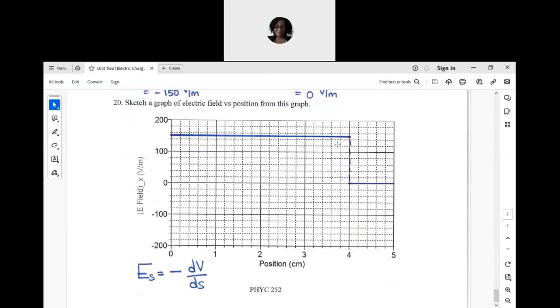That's a constant value because the slope of the upper graph does not change until I get to 4 centimeters. Now the slope of the last piece of this graph was 0, so the electric field strength at that position is equal to 0. In other words, the negative of the derivative of potential with respect to position is equal to the electric field.